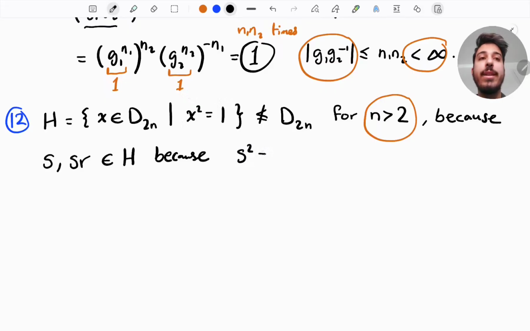So S squared is in fact the identity. If you reflect the object twice, you get back the identity, and SR squared is equal to the identity as well.